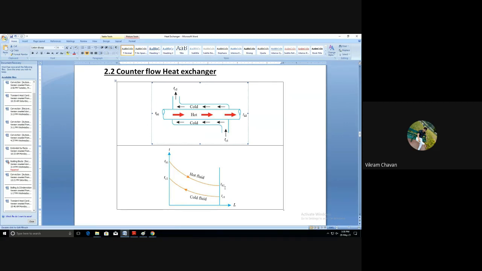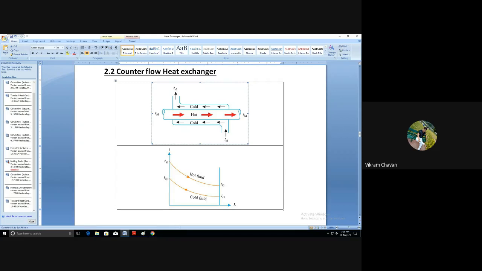The cold fluid is entering from the opposite side, so we show its entry over here, and it is flowing opposite to the hot fluid. As the cold fluid moves over the length of the heat exchanger, its temperature goes on increasing, and at the exit we get the maximum temperature of the cold fluid.